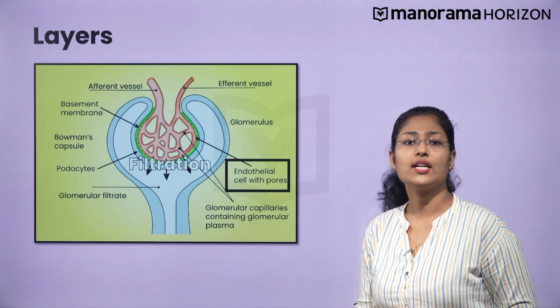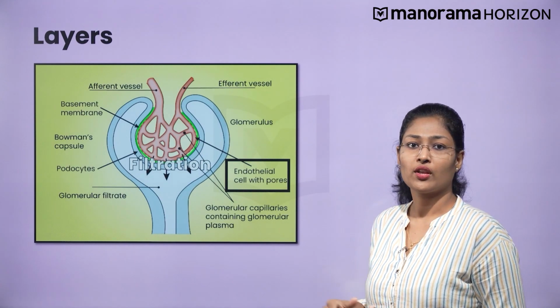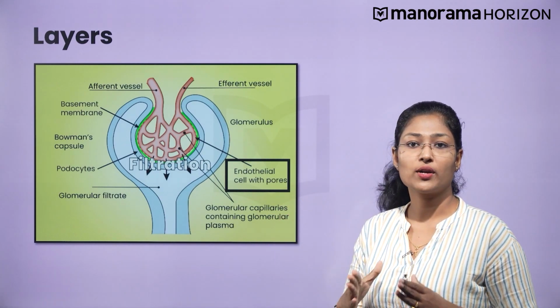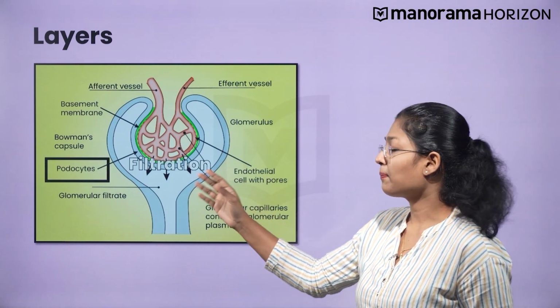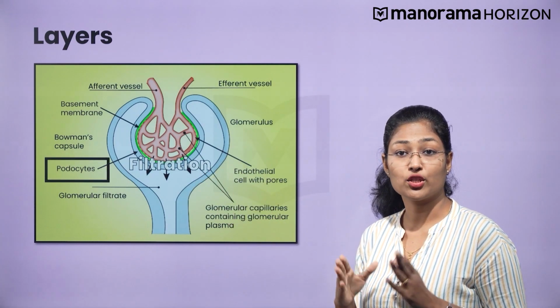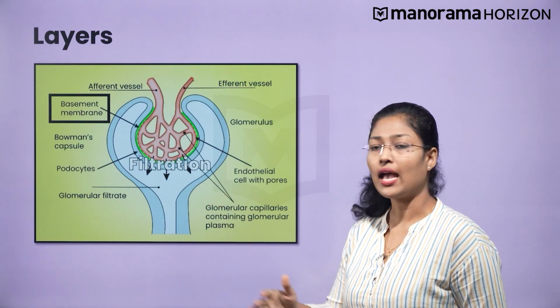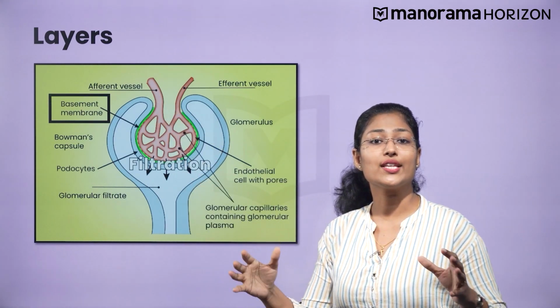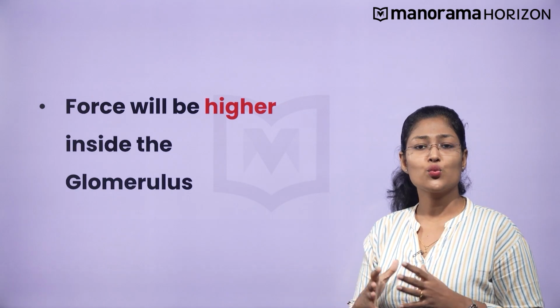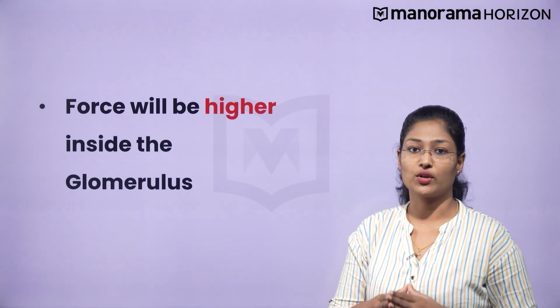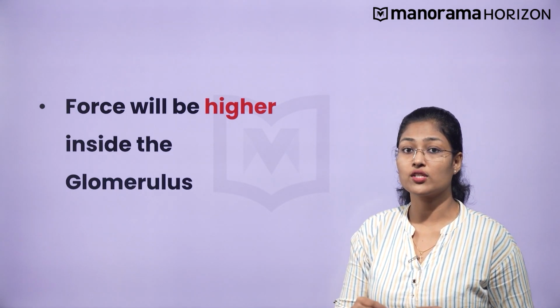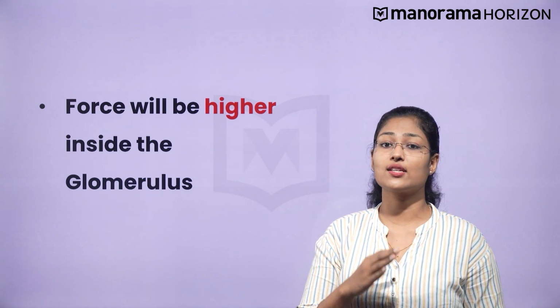Let us now learn about the different layers: the endothelium of the glomerular blood vessels, the epithelium of the Bowman's capsule known as the podocytes, and the basement membrane between these two layers.